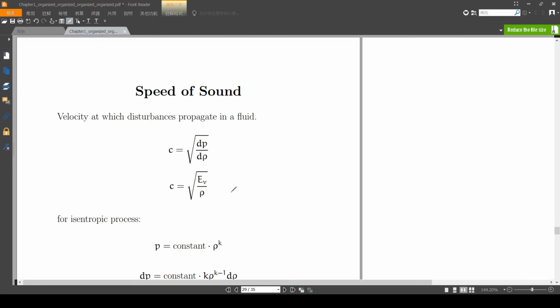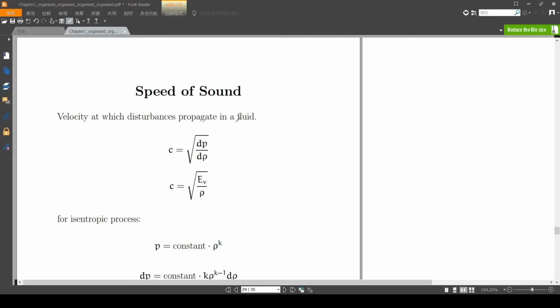Next part is about the speed of sound. Speed of sound is just what you remember, the speed of the sound. This is the definition: the speed of sound is related to the change in pressure and density of a fluid medium.